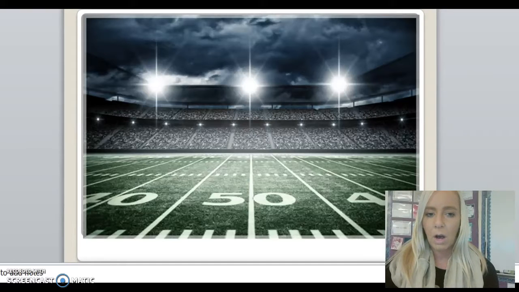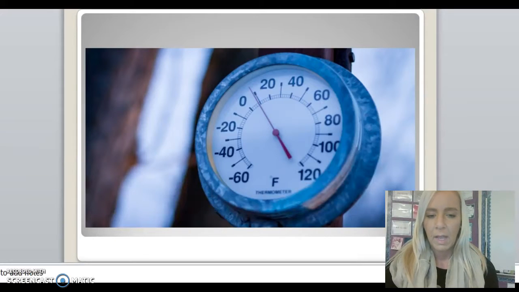If any of you play golf, or any of your parents play golf, sometimes if you're below par, that's represented with a negative integer. Again, temperature has both negative and positive integers. If it's below 0, it's a negative integer. And if it's above 0, it's a positive integer.